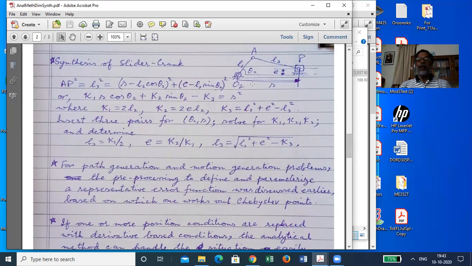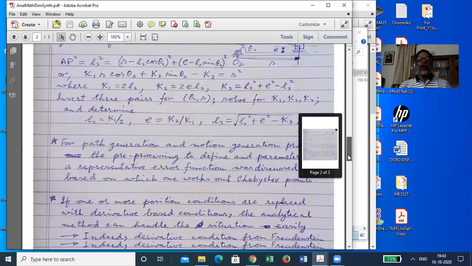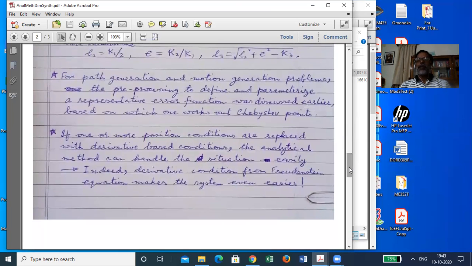And this is only for function generation. So for path generation and motion generation problems, there is a little pre-processing involved to define and parameterize a representative error function, and that we discussed earlier. Based on that error function, you work out the Chebyshev accuracy points.